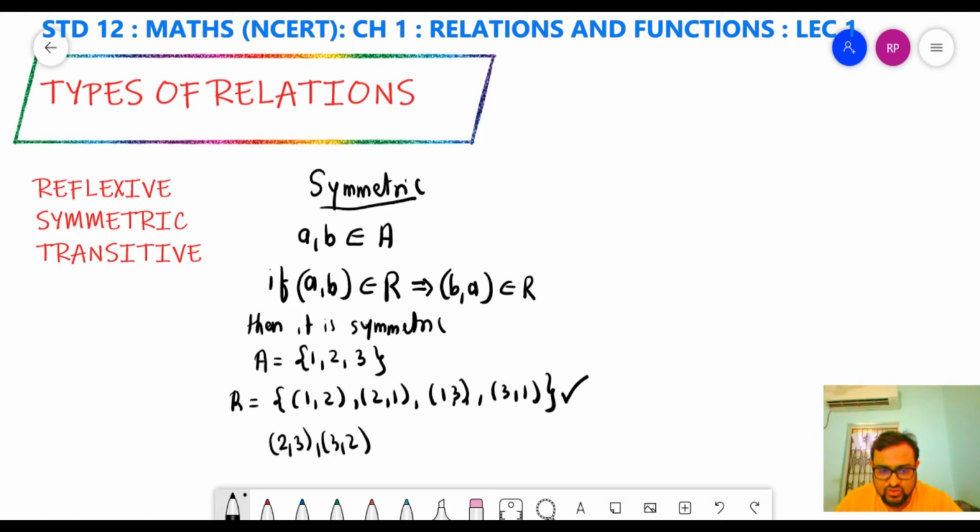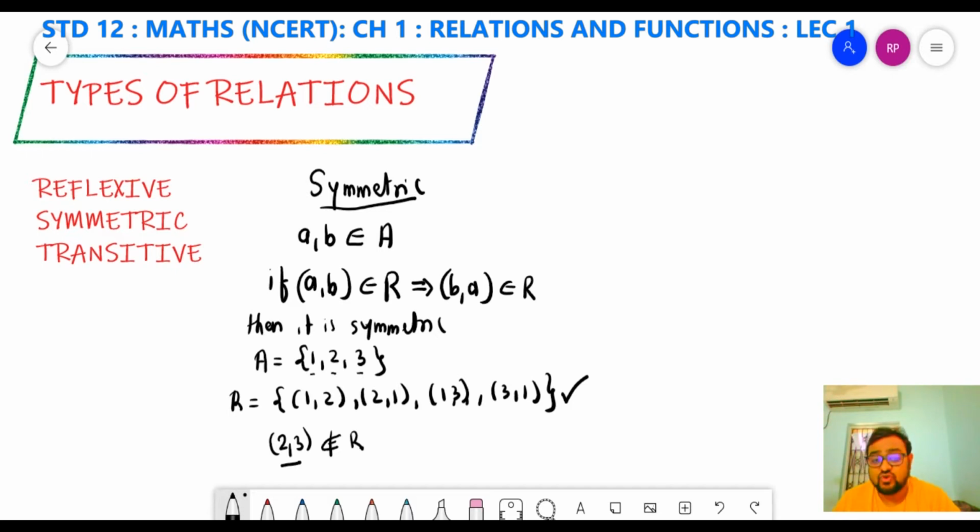See, in this example I have taken (2, 3) and (3, 2). If this belongs to R, then it is also symmetric. But see here, in this example, (2, 3) does not belong to R, so it doesn't matter whether (3, 2) belongs to R or not. Clear? But if (2, 3) belongs to R, then that must imply (3, 2) belongs to R. In reflexive, we were taking every element.